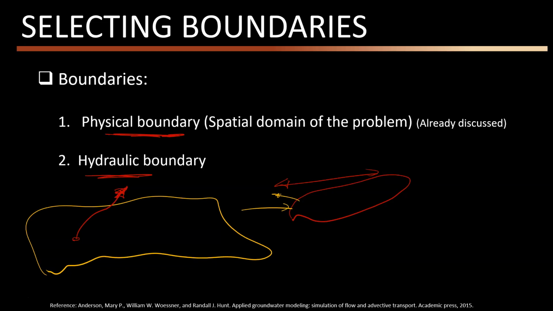So technically these hydraulic boundary conditions define how the system talks with this outside world, which is very, very important and very, very difficult in so many cases. So a good model technically must have good, reasonable, correct hydraulic boundary conditions.